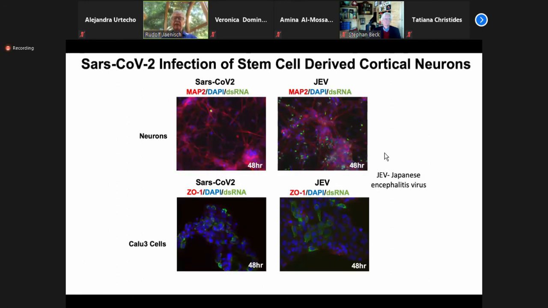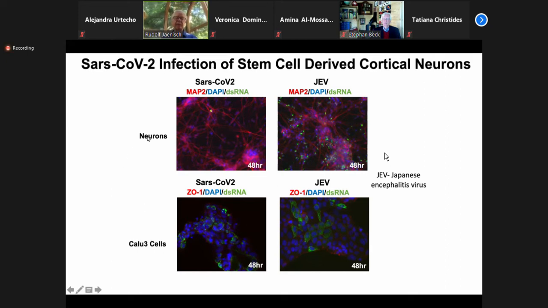We look at cortical neurons, and that's of course important because of the brain issues. So this would be a positive control, Japanese encephalitis virus, which we work with. So when you expose neurons, cortical neurons made from ES cells, to virus, we find active virus replication as seen by the double-stranded RNA in green. And of course, it's also in the CALO3 cells, which is the lung cancer line, which we use to produce virus.